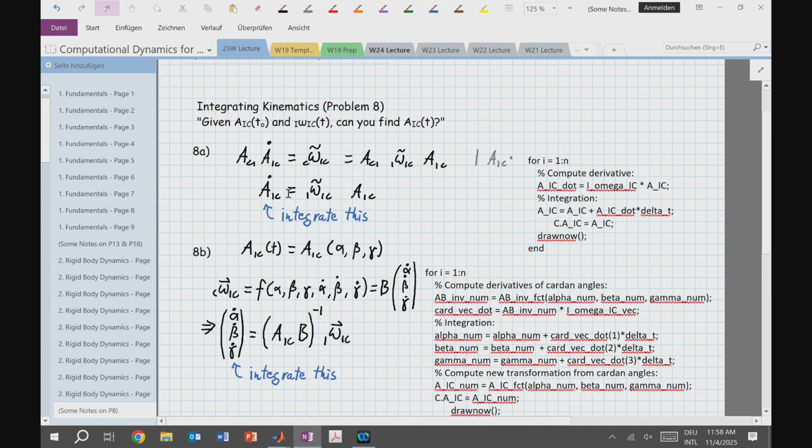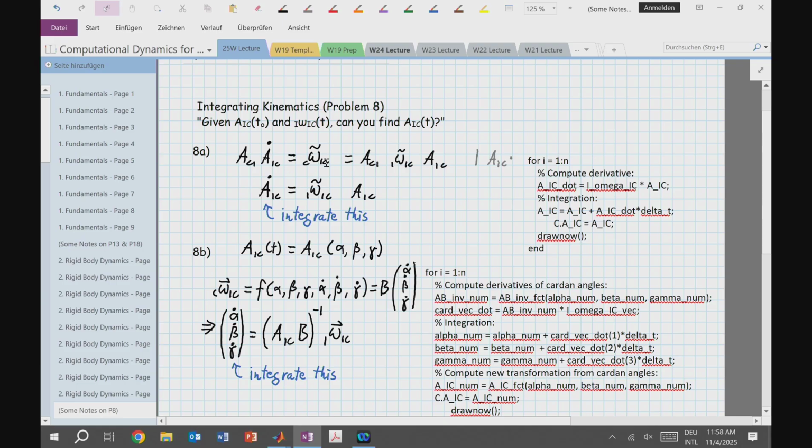Here we don't get singularities because we basically represent the orientation by 9 numbers. And that over-representation gets rid of the singularity, but introduces this other problem that we have to make sure that the constraints that come with this matrix are fulfilled.